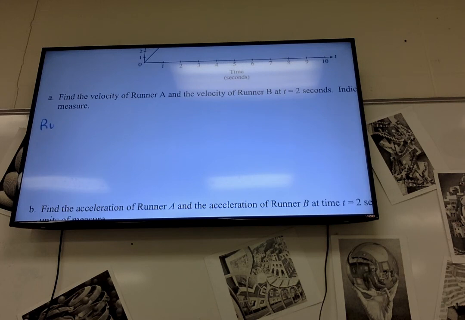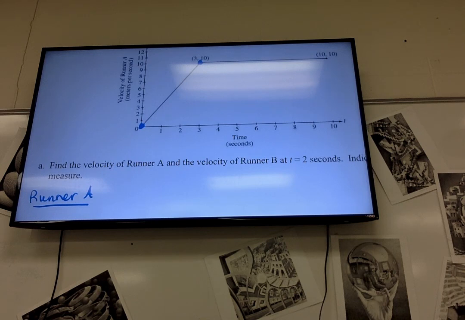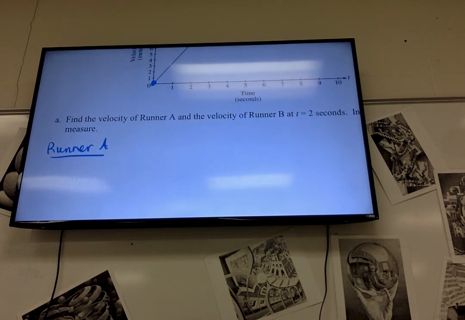So for runner A, we know we have a line here with 2 points. That's just a line. It's y equals mx plus b.